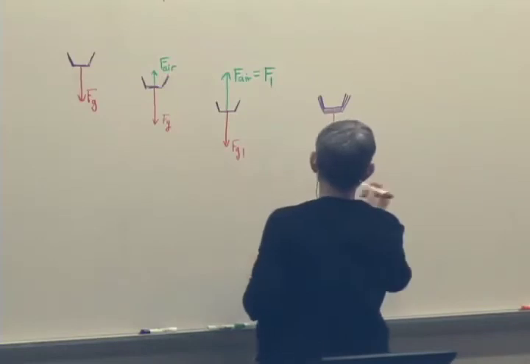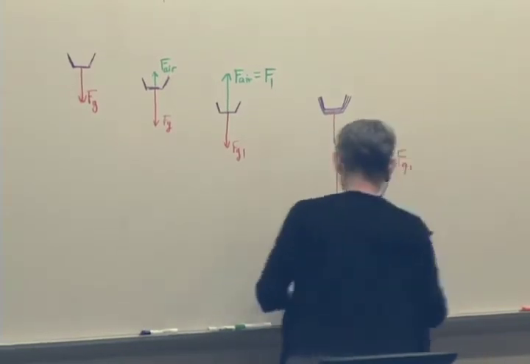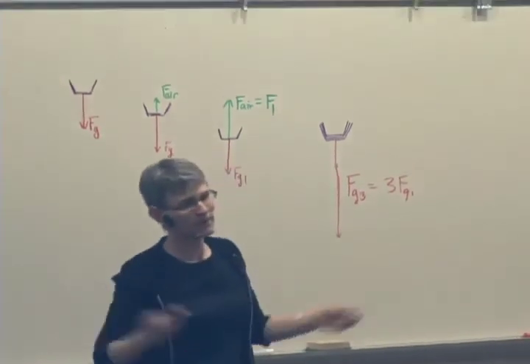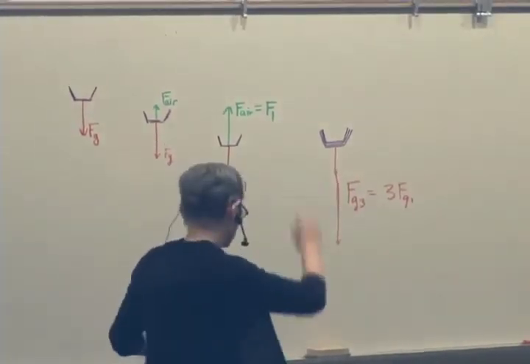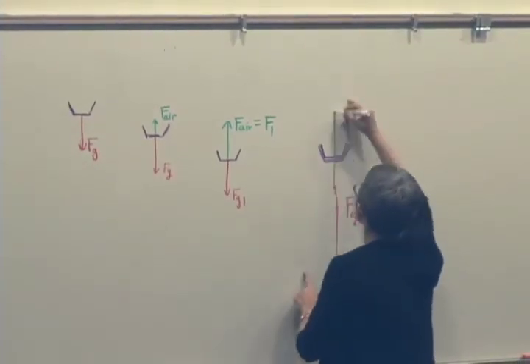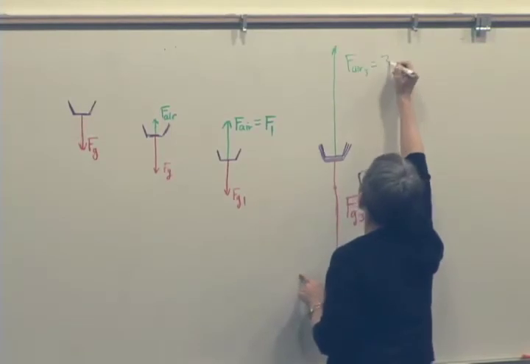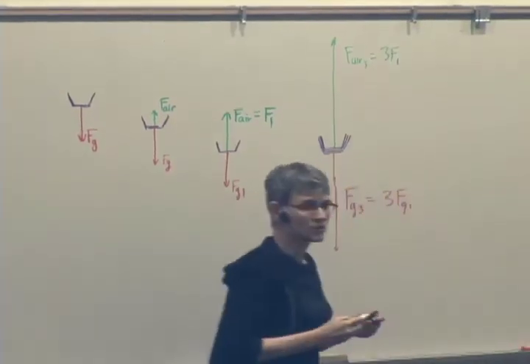We'll call that Fg1. Fg3 is 3 times Fg1, and therefore in order for the net force to be 0, it must have gotten to a state where the air resistance force is 3 times as large.